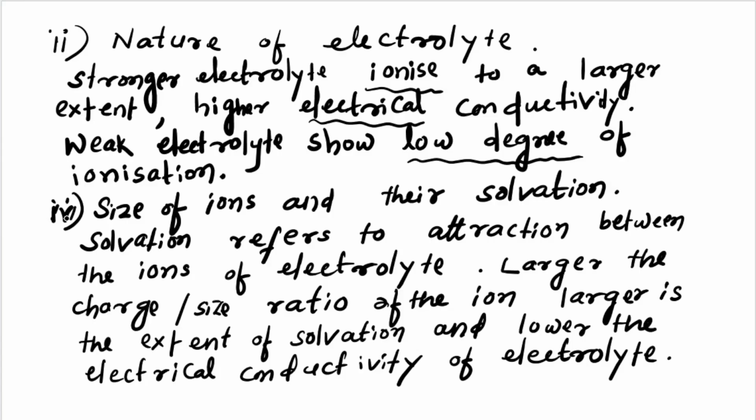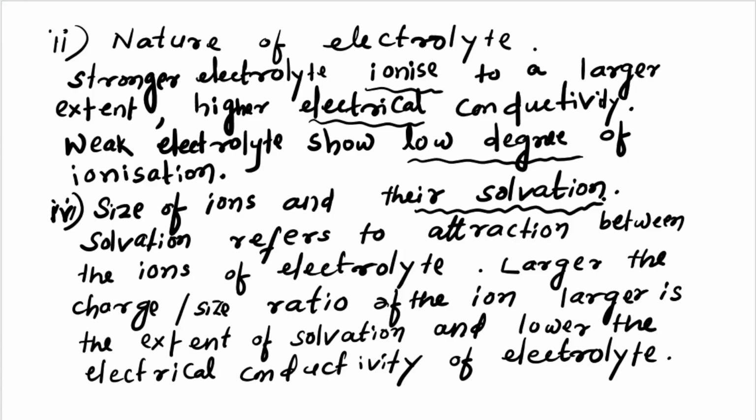If ions are more, then what happens? Solvation. Solvation means how much solute particles are dissolved in water, and here you can say the solvation is high or less. The salt that is dissolved in water more is called more solvation.